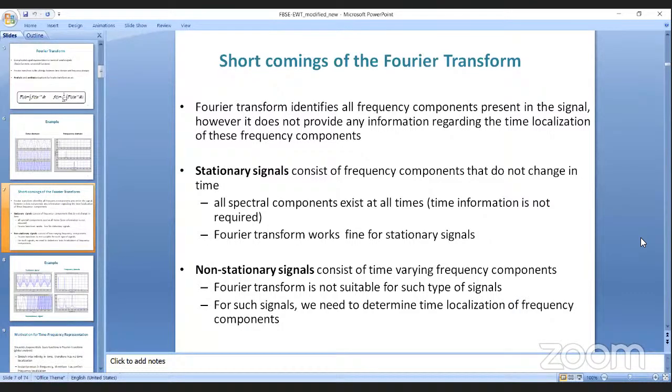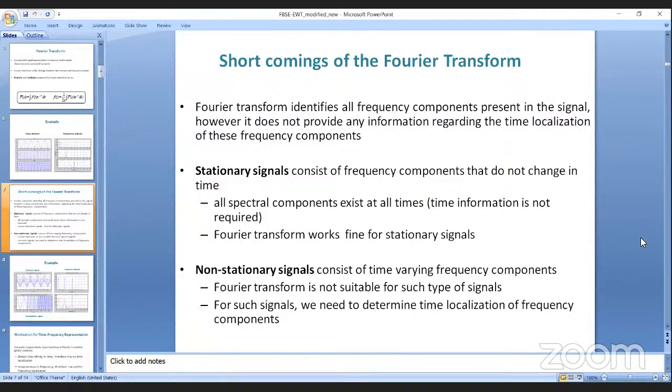This time information is required for non-stationary signals. Based on the time varying nature of signals, we can classify signals into two classes: one is the stationary class of signals, and the second is the non-stationary class of signals.